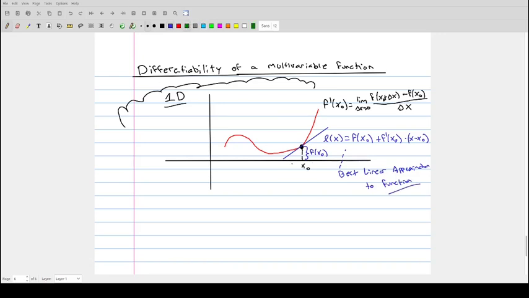What this basically means is that if you look very, very close to the point, say x naught plus delta and x naught minus delta, in a very small interval around this point, where delta is very small, the value of the function, the smaller delta gets, is closer and closer to the value of the linearization, the tangent line.